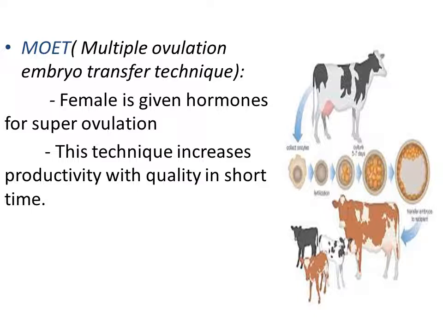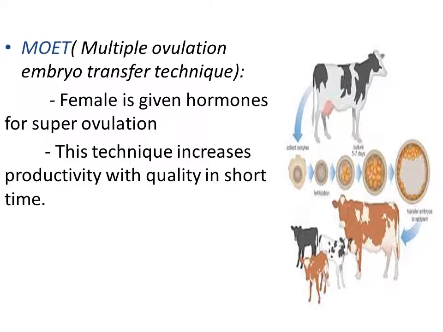So these are the two methods used in the technique: multiple ovulation and embryo transfer. Multiple ovulation is nothing but the formation of multiple eggs, and soon after the formation of embryos, they are recovered from the genetic mother and transferred into the surrogate mother. This helps to increase the herd size within a short period of time.